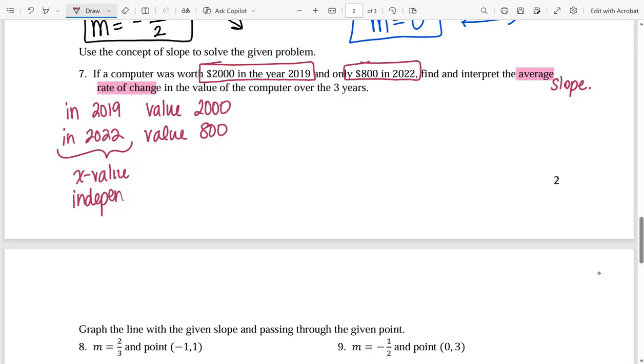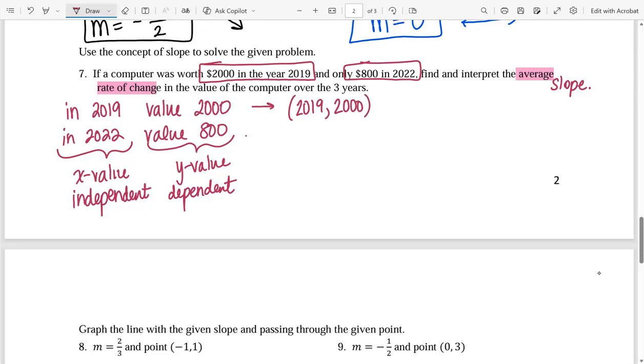Those come first, so to speak. The values, the value of the computer, are my Y values, my Y variable, because those are dependent. Those depend on what time we're talking about. So as an ordered pair, this would be 2019, comma, 2000. Well, this one is 2022, comma, 800.